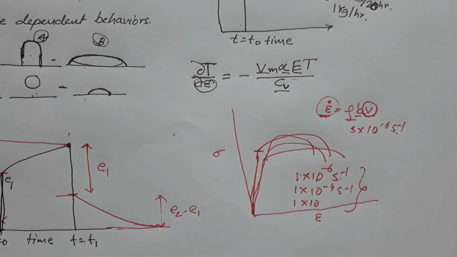So the time required for metallic materials to show the time dependence is very high, and this is why bridges will not deform just because of the time dependence in, let us say, 100 years.